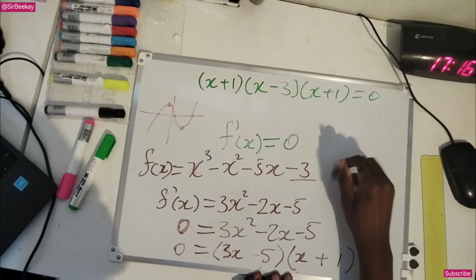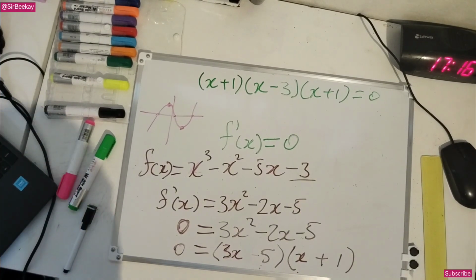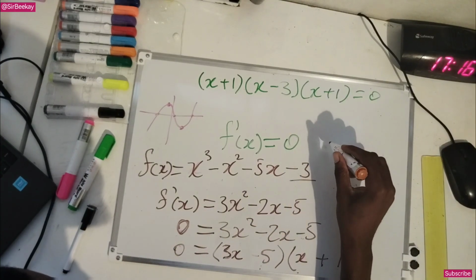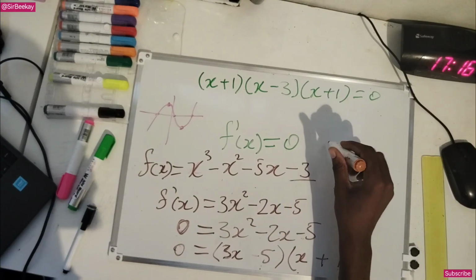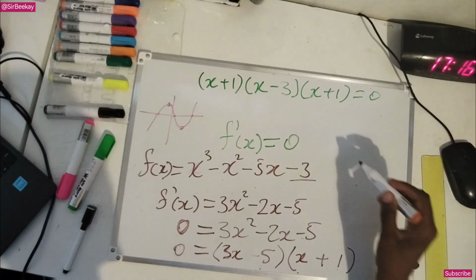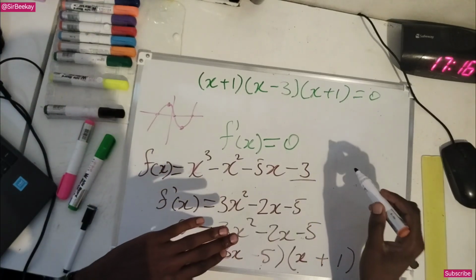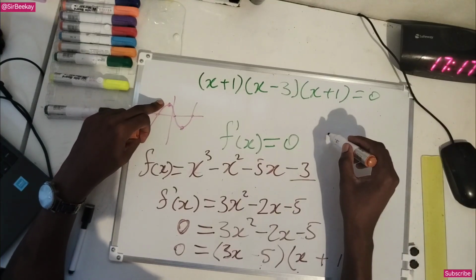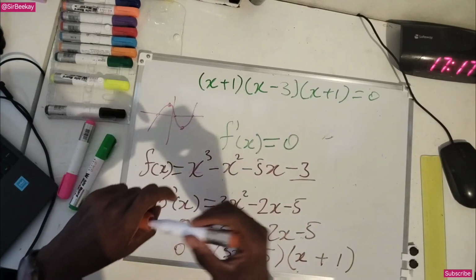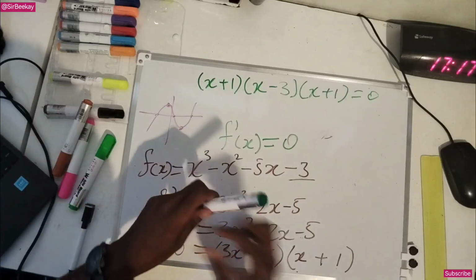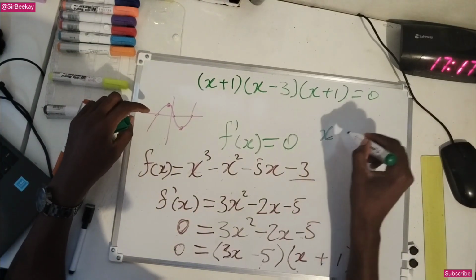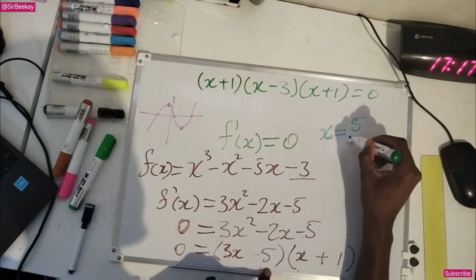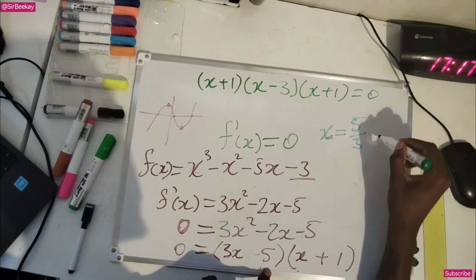It tells me that my first x point for the two, which is the local minimum and the local maximum point, the first one would be x equals 5 all over 3. And the other one would be x equals minus 1.